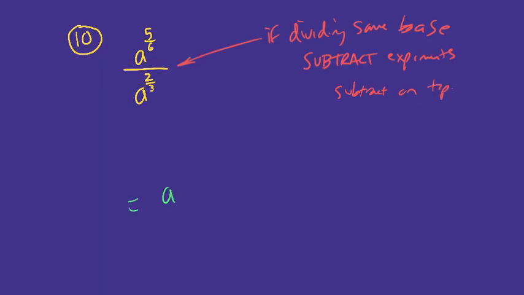So this is going to be a, we got that fraction line underneath, 5/6 minus 2/3. Subtracting these exponents here. And we do have that fraction line underneath, but I don't need it right now, so I'm going to leave it off. We need a common denominator here, hopefully with 6 and 3. You can tell that 6 is going to be the common denominator, so we're going to have to multiply by 2.